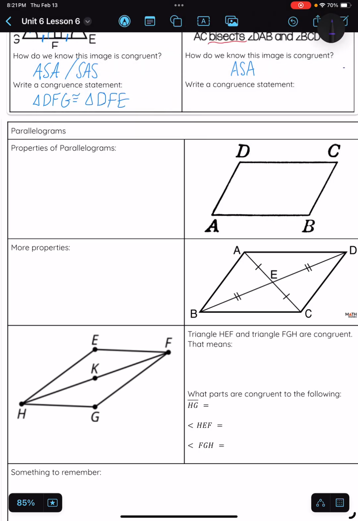So, some properties of parallelograms. Think to yourself, what are some things that you know about parallelograms? First off, we're going to write that parallelograms are basically just a tilted rectangle.